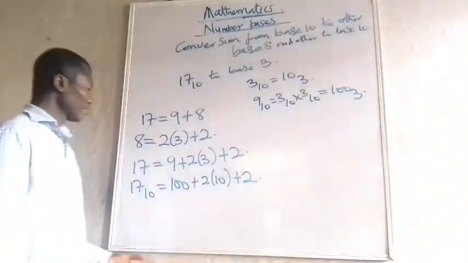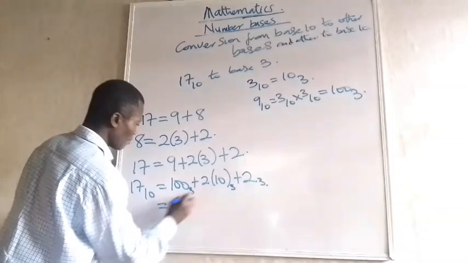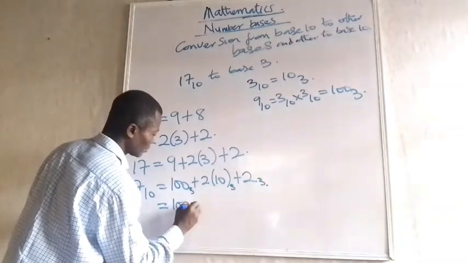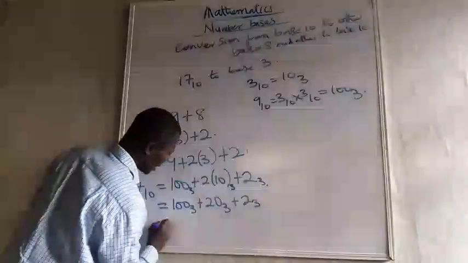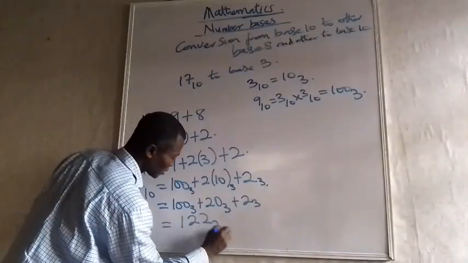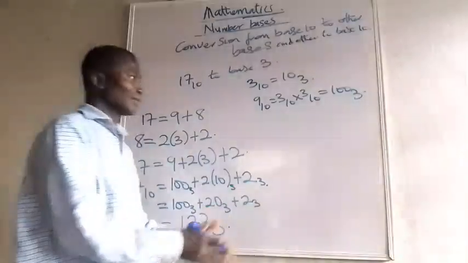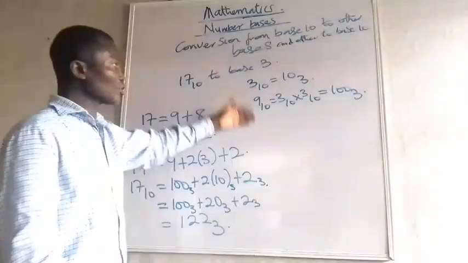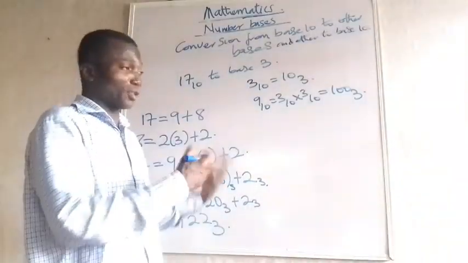You can see now, and these ones are base 3. So this is going to be 100 plus 20 base 3 plus 2, and that is 1, 2, 2. Simple. So if it is bigger than this, I know what number gives me 1,000. I know what number gives me 10,000. But I'm still doing it for you to just compare it.